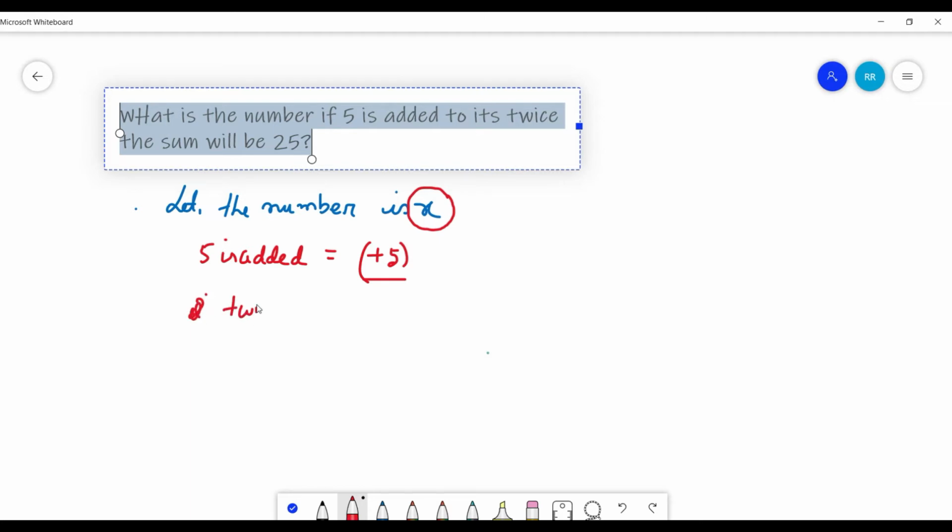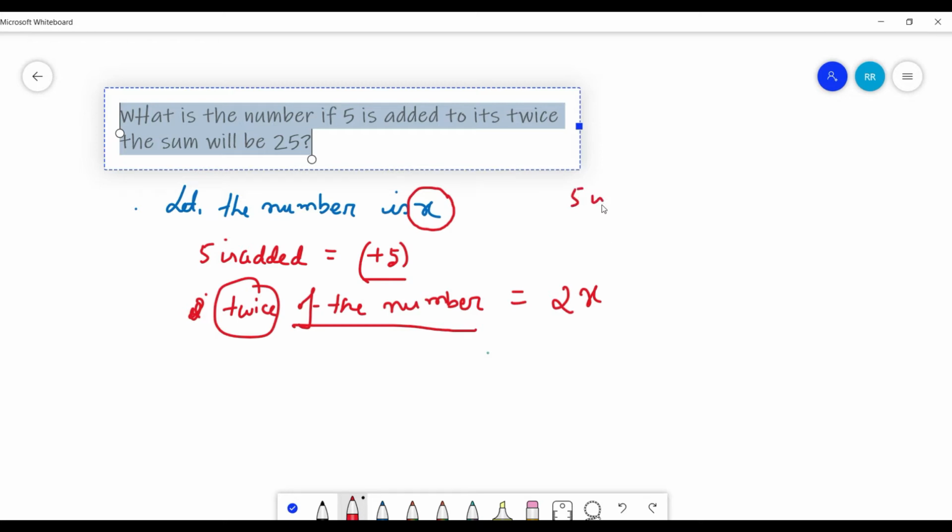How can you write this? Twice of the number is x, and for twice we have to write 2, so that means 2x. So in short, 5 is added to twice of the number.